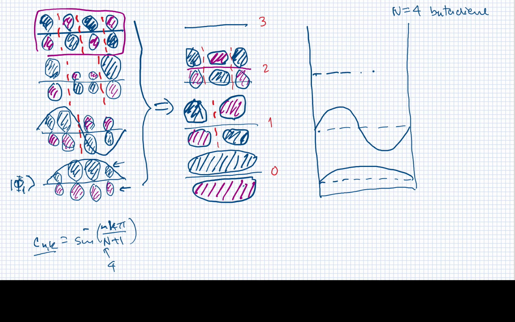The third one looks something like that. Well, that's what I have here, this third particle in a box eigenstate. And the fourth one, similarly, something like that.